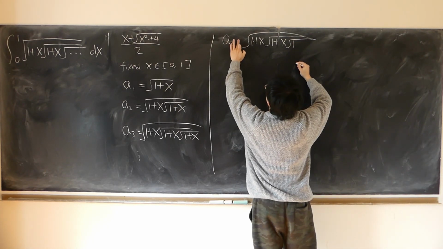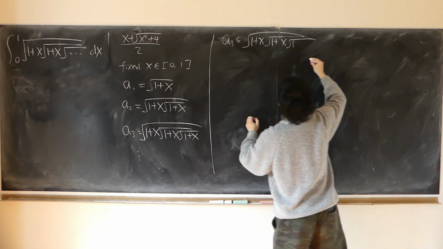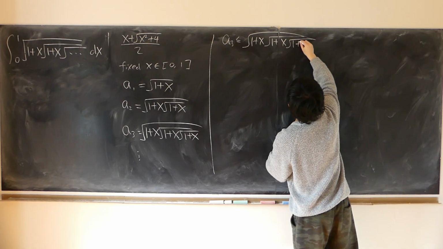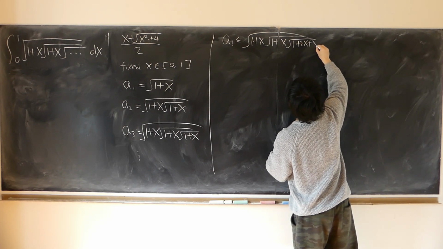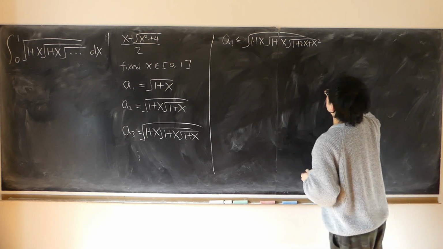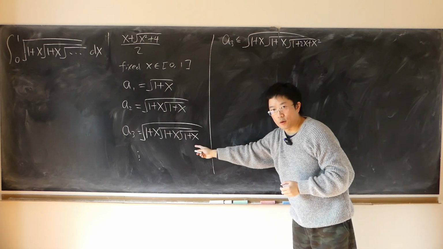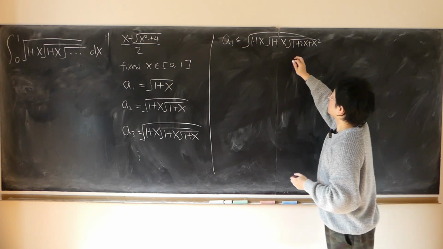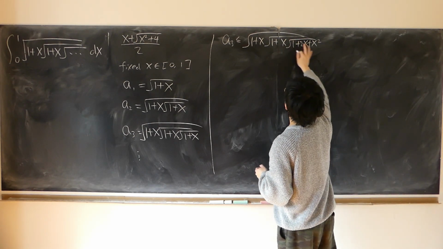I say it's less than or equal to 1 plus 2x plus x squared, on top of 1 plus x, plus x squared. So this is enlarged on the right-hand side.